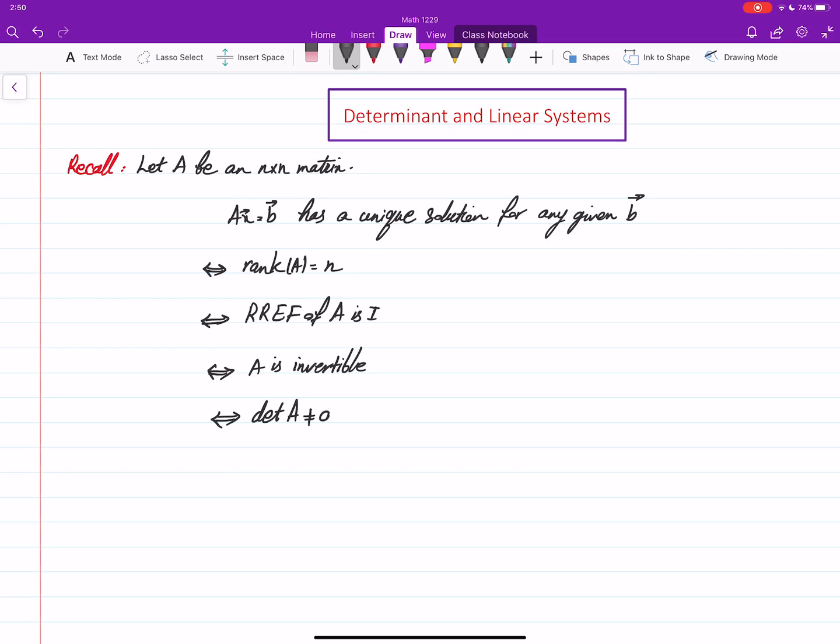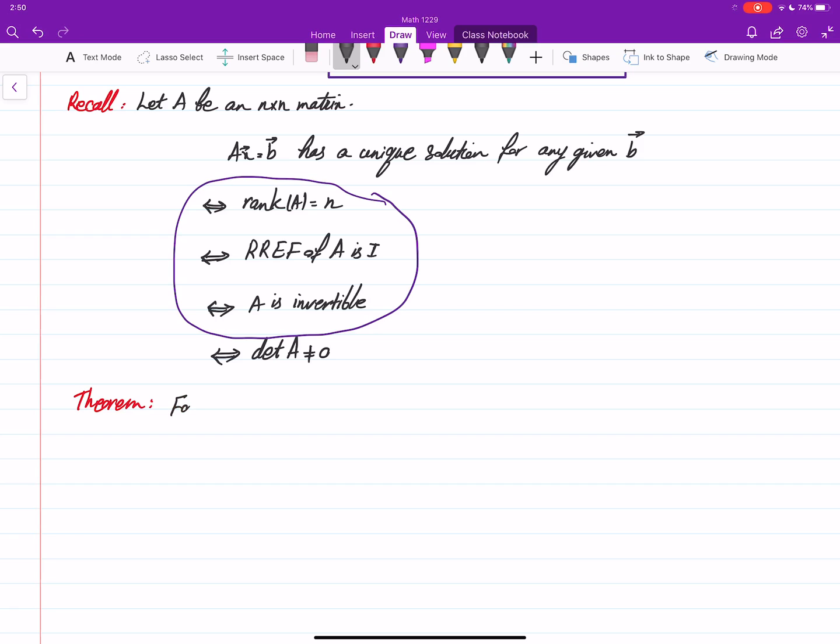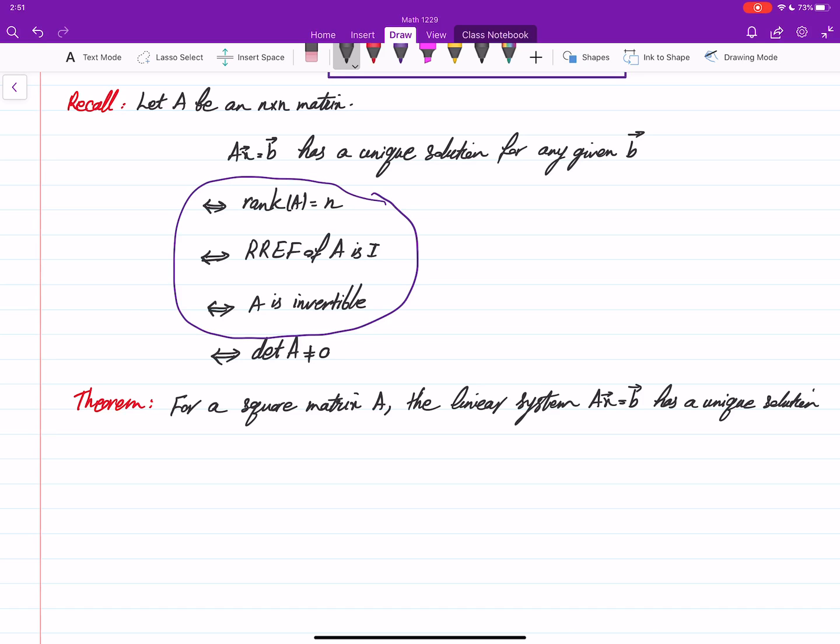So combining all these things, or in other words, just not seeing what is happening in the middle steps, which were these guys here, you see that we have proven the theorem that for a square matrix A, the linear system AX equals B has a unique solution for any vector B if and only if matrix A has a non-zero determinant.